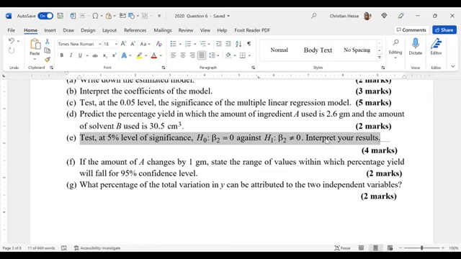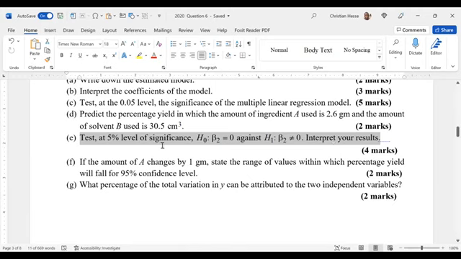Yes, sir. So we have two predictor variables, X1 and X2. And we have shown that the model is significant. So now you test each of them one by one, whether they are significant. But this time, the question says we should only do it for ingredient B, for the X2.